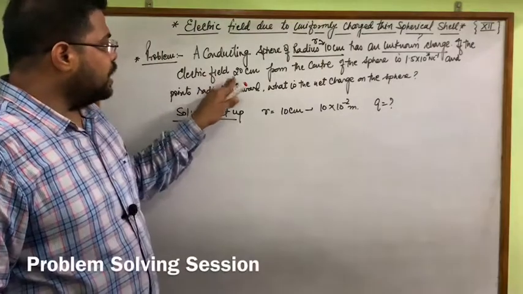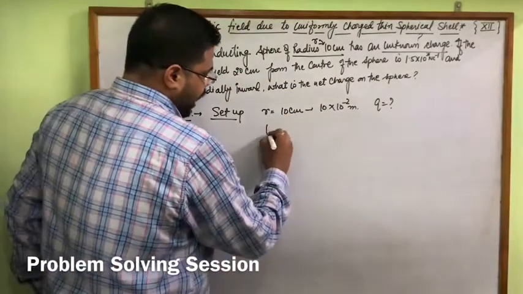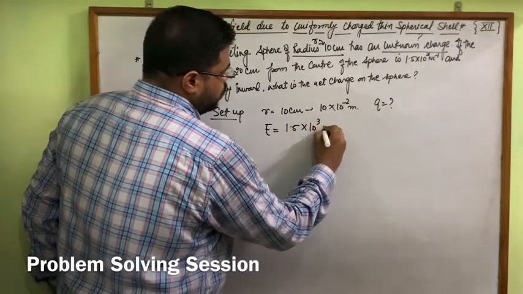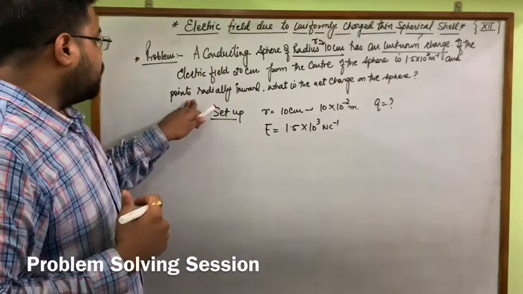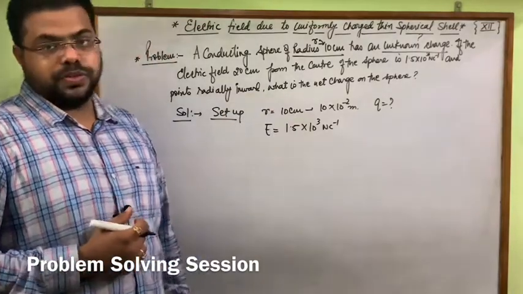If the electric field 20 centimeter from the center of the sphere is 1.5 into 10 raised to the power 3 Newton per Coulomb, and the points radially inward, what is the net charge on the sphere?